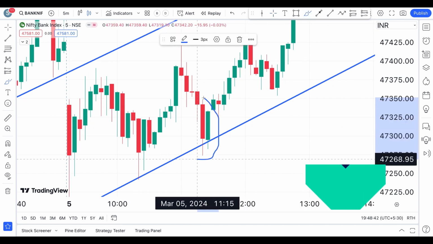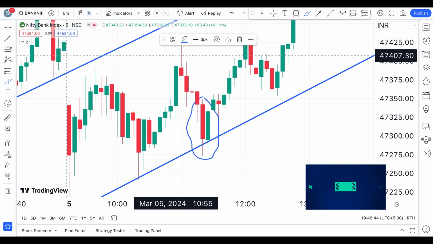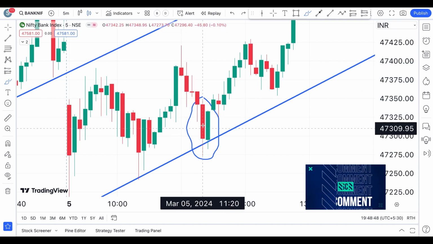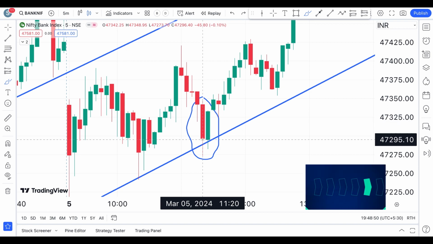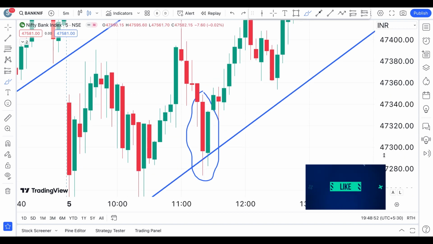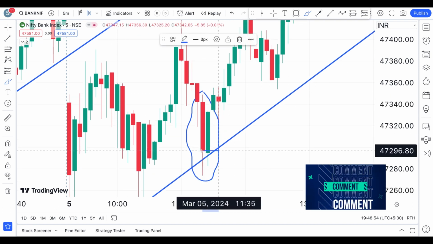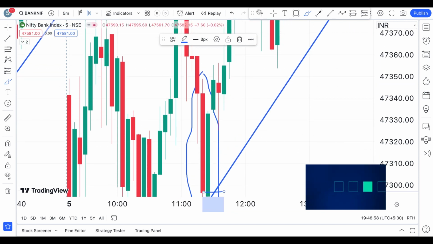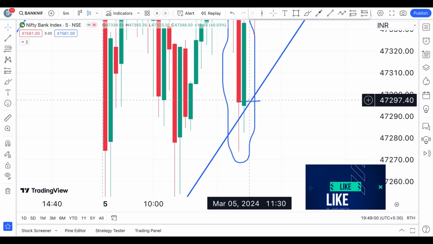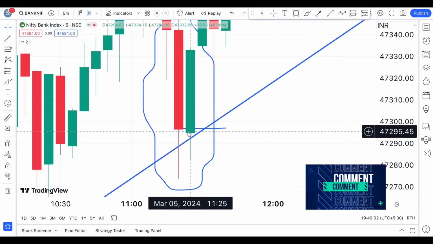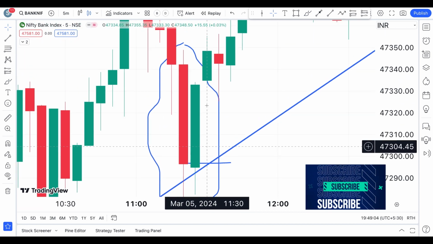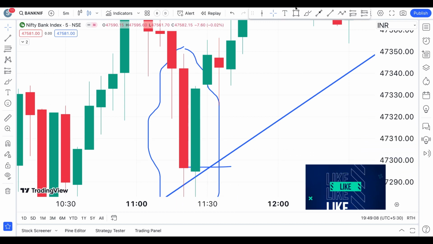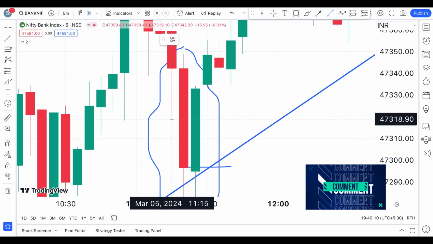A piercing pattern needs downside momentum previously, which is there. You need a red candle as your first candle, and the next candle's opening should be below the close of this red candle, which is the case here. The close should then be a green candle above the halfway point of this red candle.